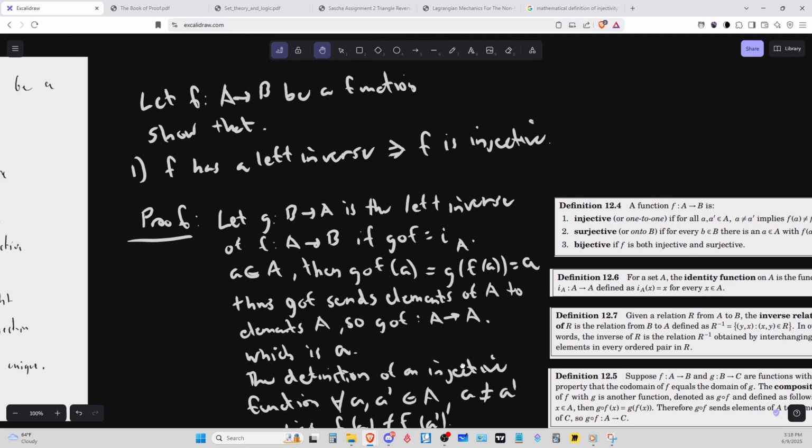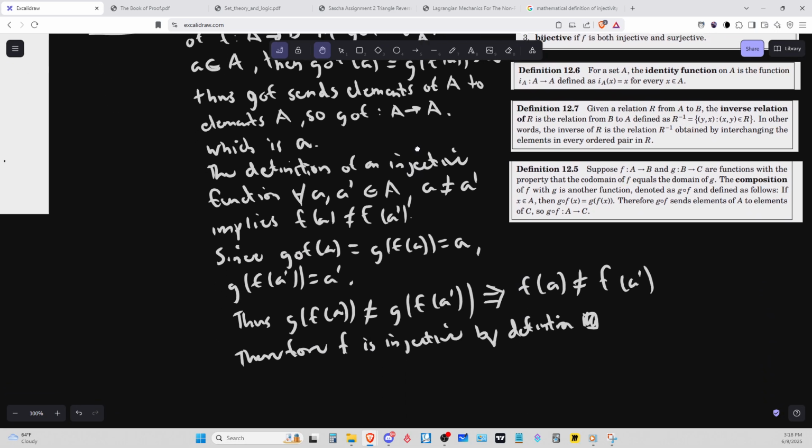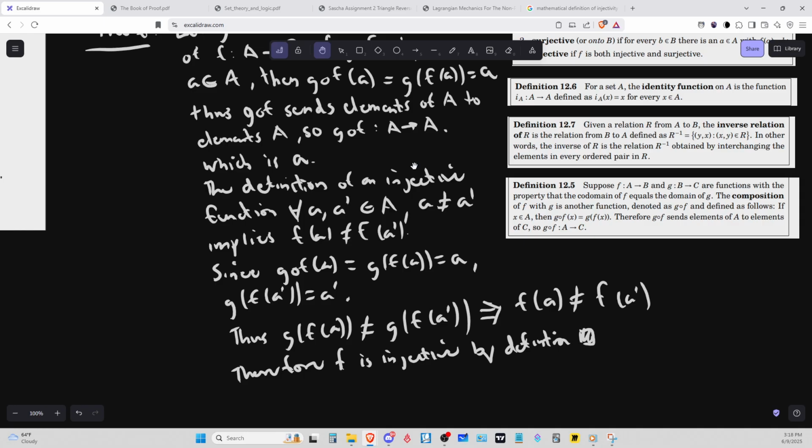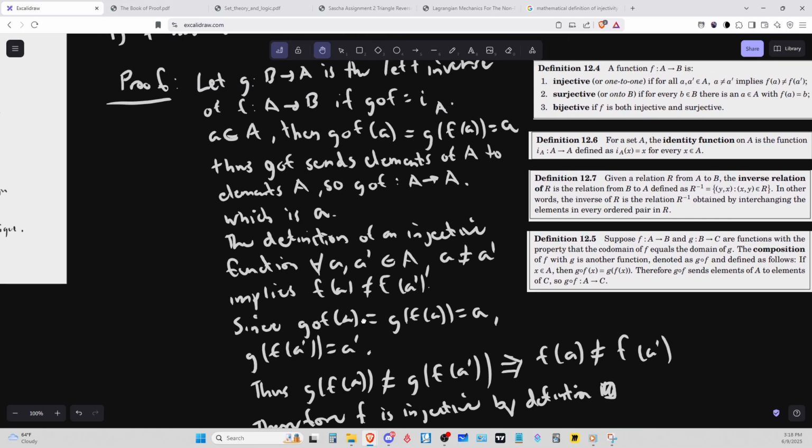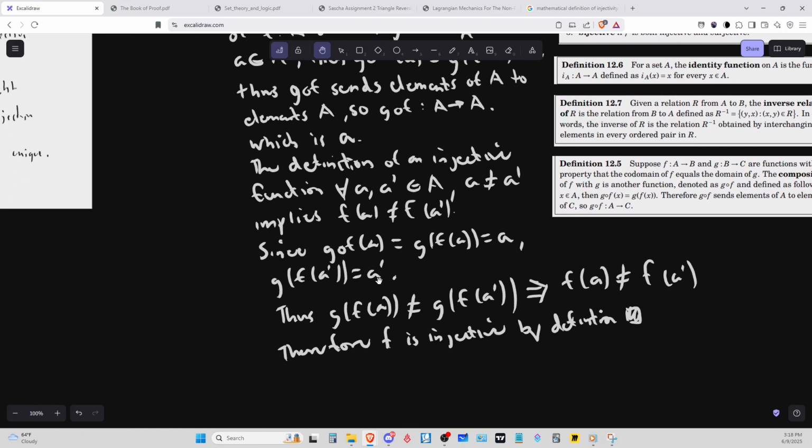The way I take it is that f of a is not equal to f of a prime because I'm assuming it's basically taking a different value of x, like with a regular function. But that's probably not the right way of thinking about it.